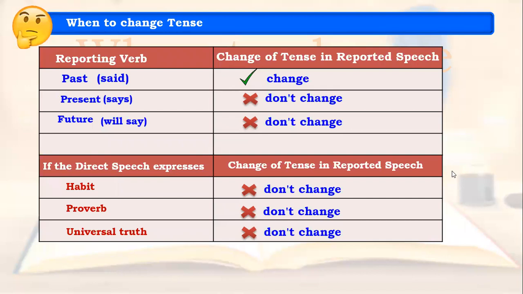Proverb would be, "Honesty is the best policy," is a proverb. Universal truth: "The sun rises in the east." Universal truth: "The earth is round." "There are 7 colors in a rainbow." These are all universal truths.